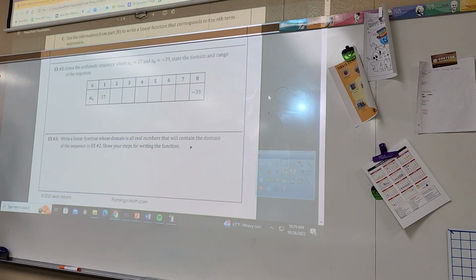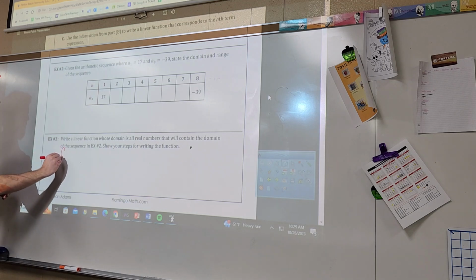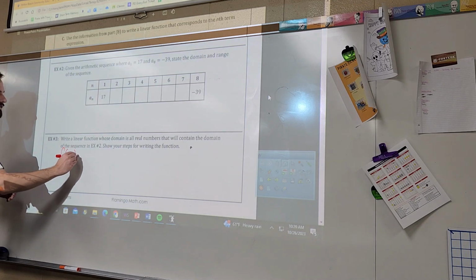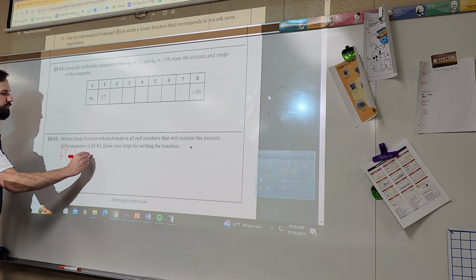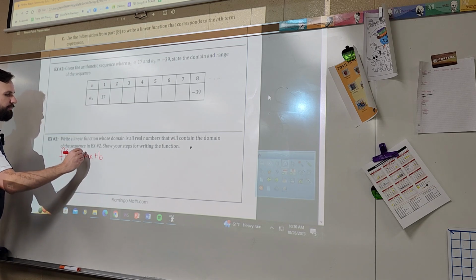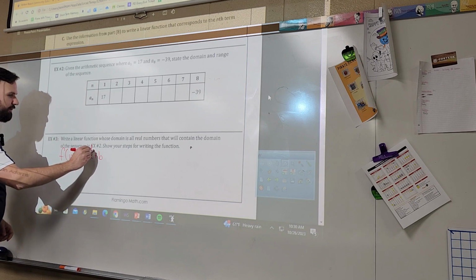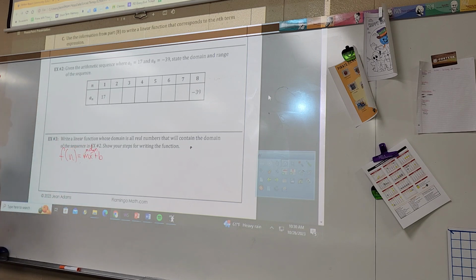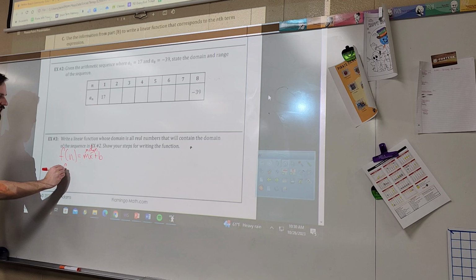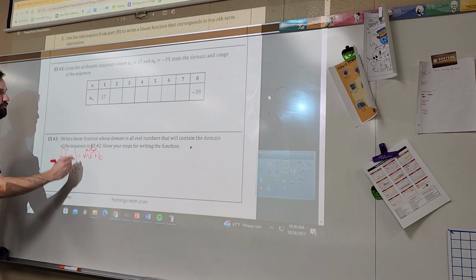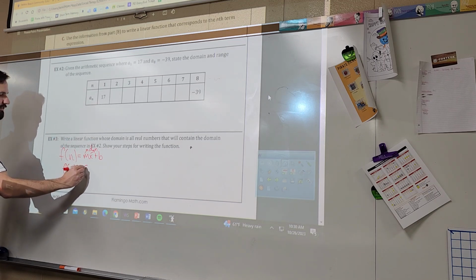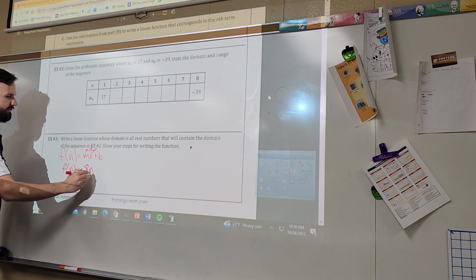So think about this. What do I need to make this into a linear function? I need an mx plus b, right? But m is the same thing as my d. Agreed? And x is going to become an n, right? So I can do f of n equals, what was my d up here? -8n.